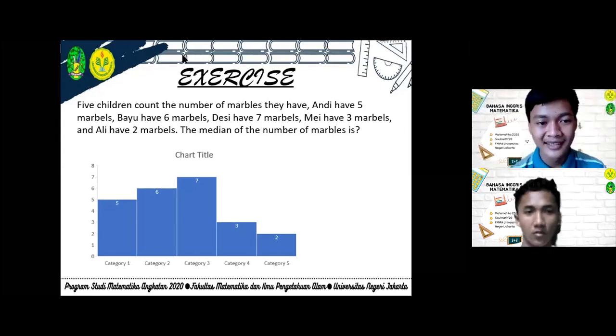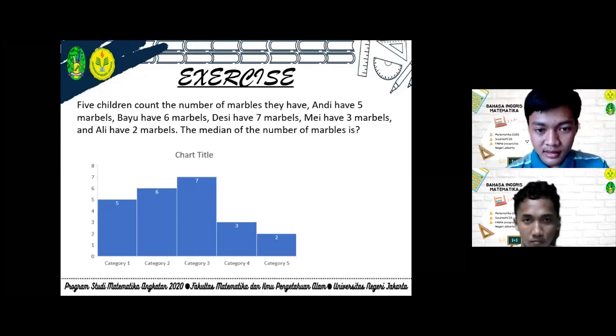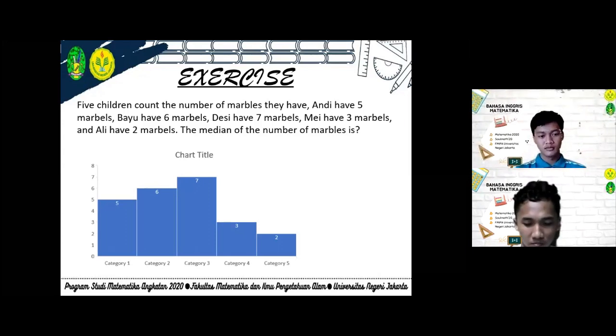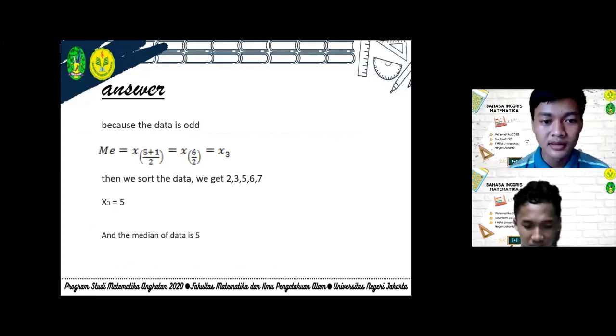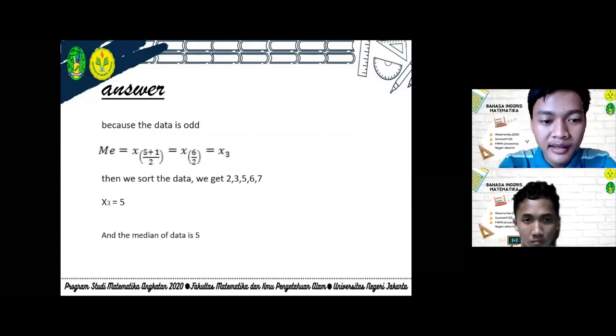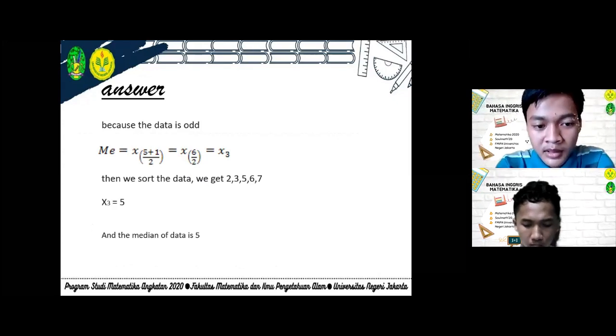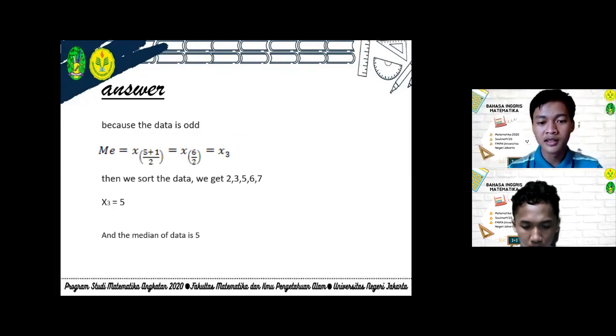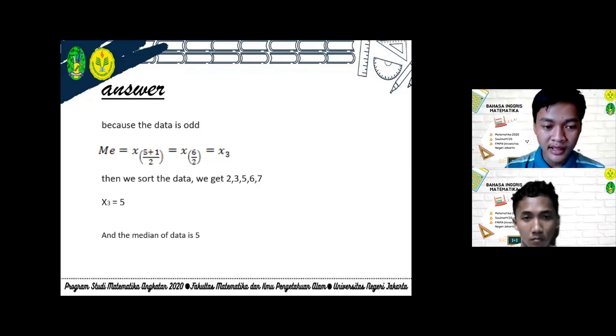Yes, the answer is correct, 5. Because the data is odd, the median is the x data at (5 plus 1) divided by 2, which is 6 divided by 2, so x3. Then we sort the data: 2, 3, 5, 6, 7, and x3 is 5. The median of the data is 5.